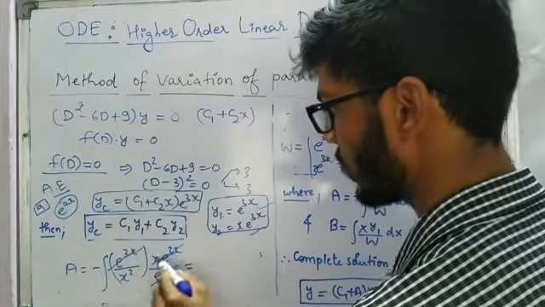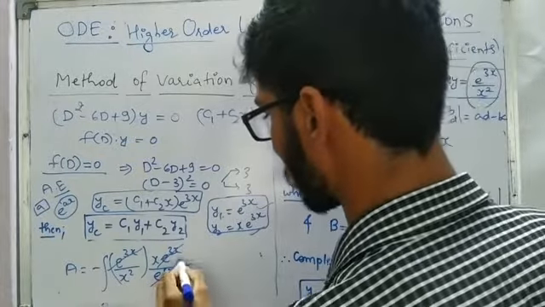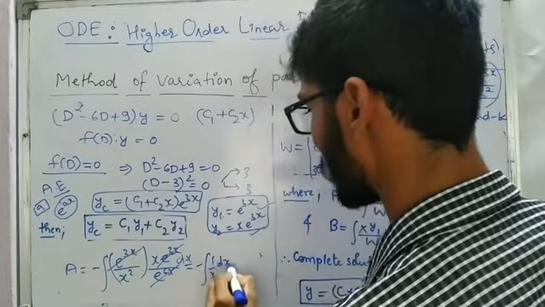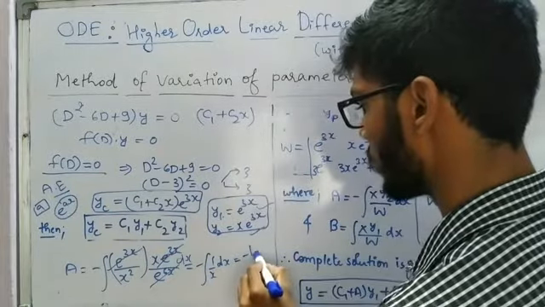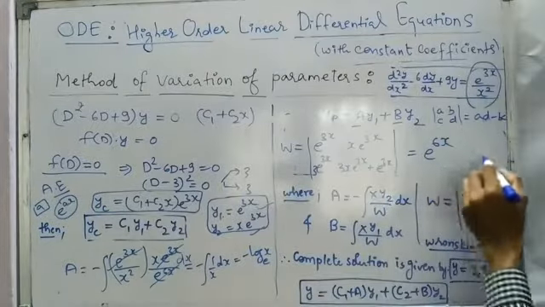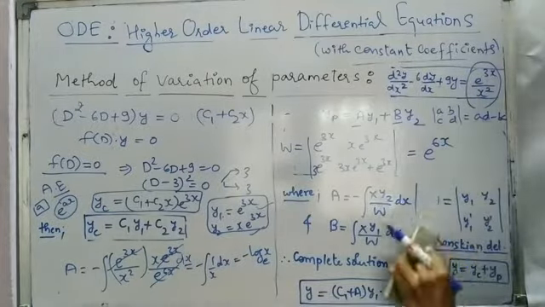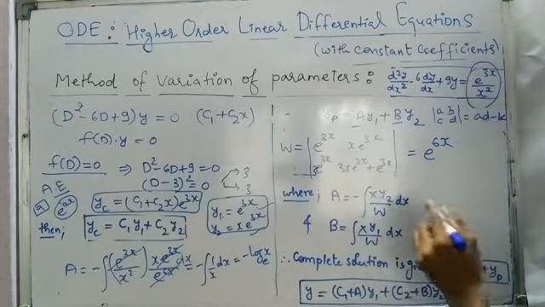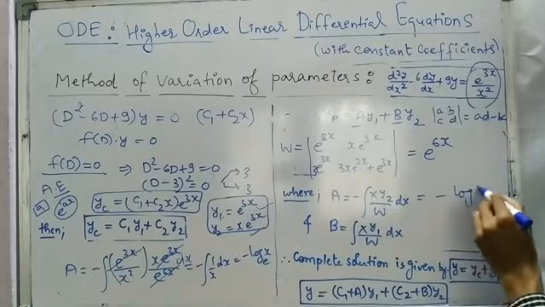So this gets cancelled, and x by x square, and this is nothing but dx. So minus 1 by x dx. So 1 upon x is nothing but log x base e. So our a is going to be minus log x base e.